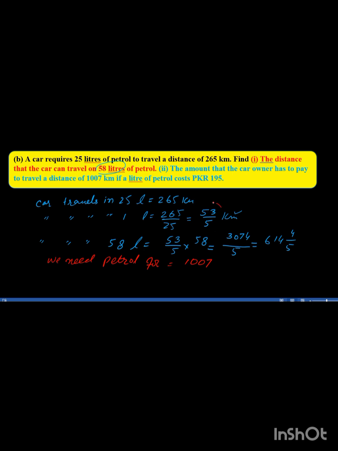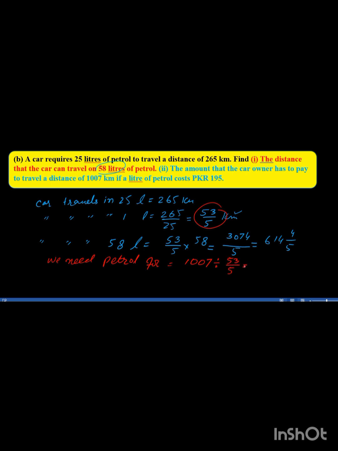So here we saw that in 1 liter the car travels 53 over 5 kilometers, right? So how much petrol do we require for 1007 kilometers? So we divide it by 53 over 5, right?